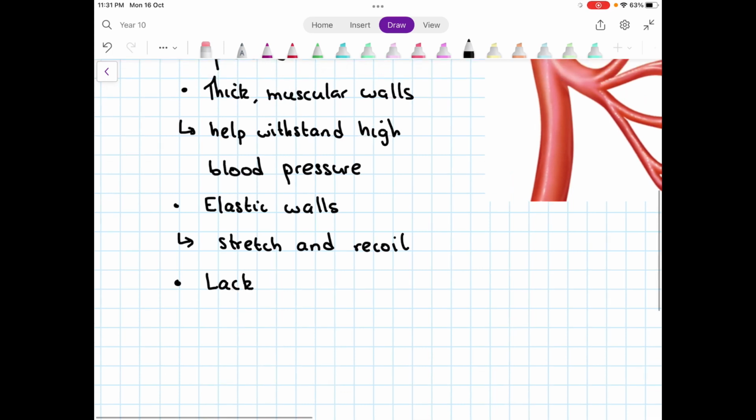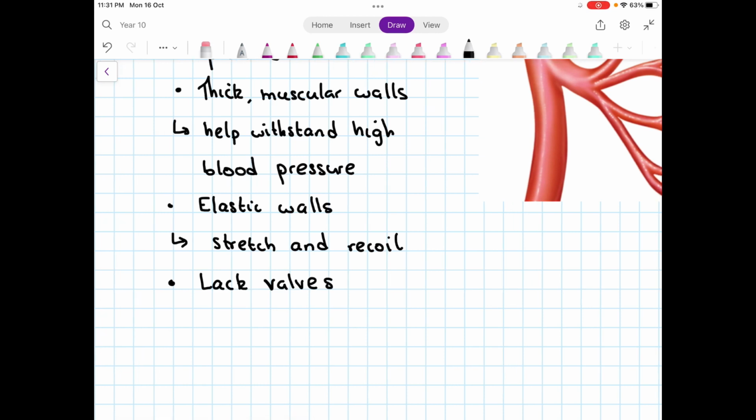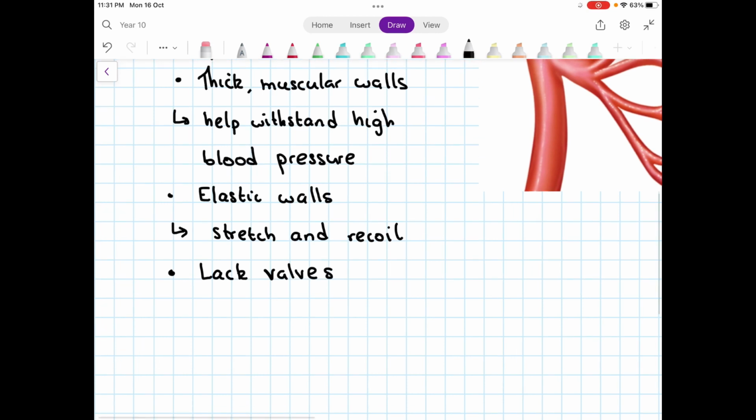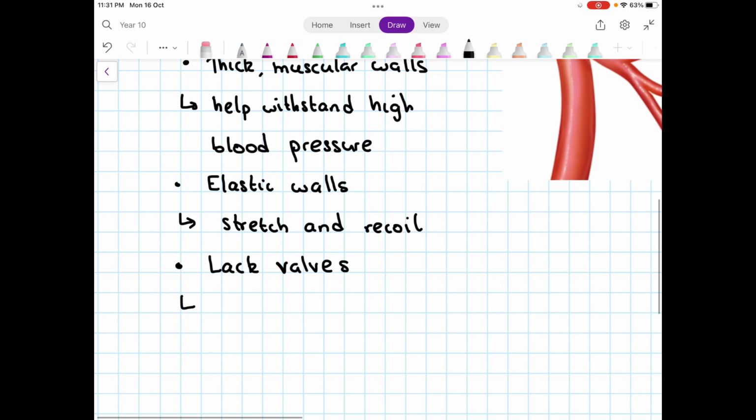Finally, arteries also lack valves. So this is dissimilar to veins, which have valves, because in arteries there is no need to prevent the backflow of blood. It's already traveling at high blood pressure.